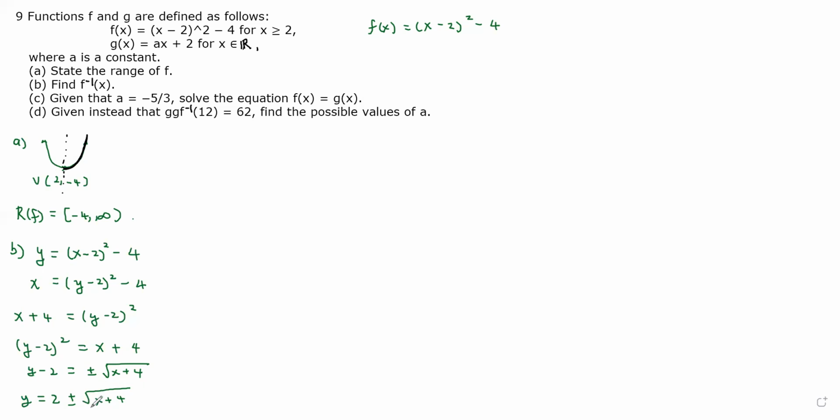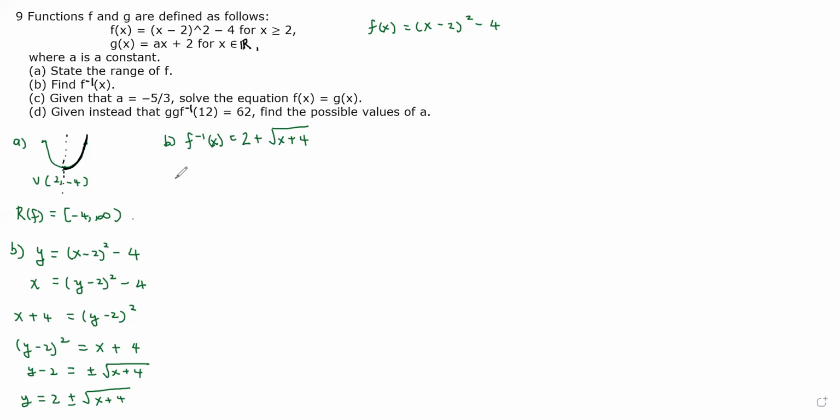Here, 2 plus a non-negative number and 2 minus a non-negative number. For each to be greater than or equal to 2, this y must be greater than or equal to 2. We only take the positive part. So we say that the inverse of f is 2 + the square root of x + 4. This will give you a value that is greater than or equal to 2.